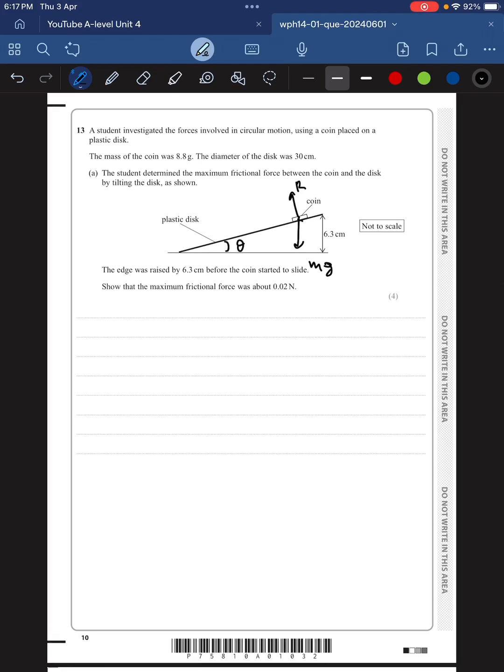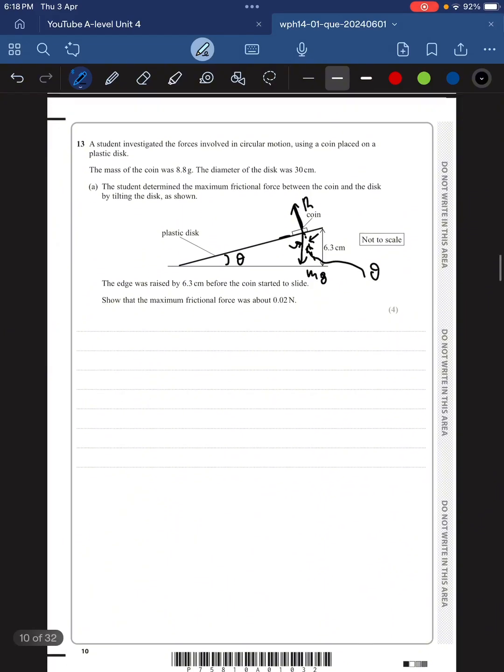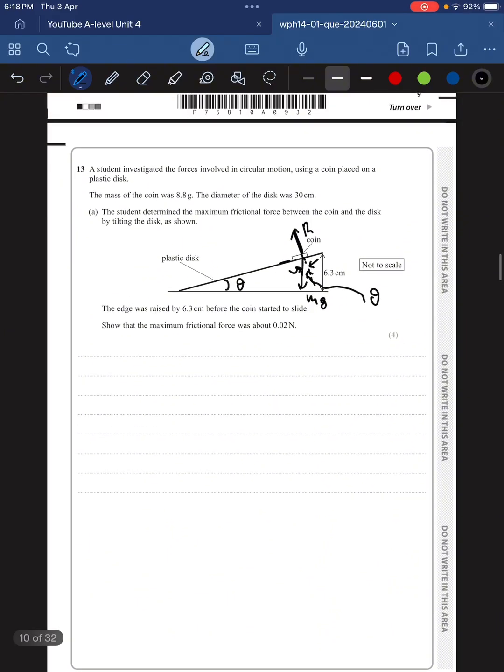And this angle, if this angle is theta, then let me redraw this. So the perpendicular force and m times g, and then if we extend this angle over there is also theta. I hope you can see it. So the angle over there is theta. Why? Because this side is perpendicular to this side, and this side is perpendicular to this side.